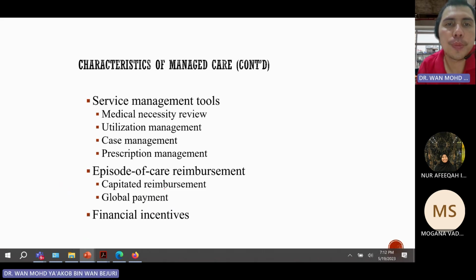Service management tools include medical necessity review, utilization management, case management, and prescription management. For episode of care reimbursement, there is capitation reimbursement and global payment. The last one is financial incentive.